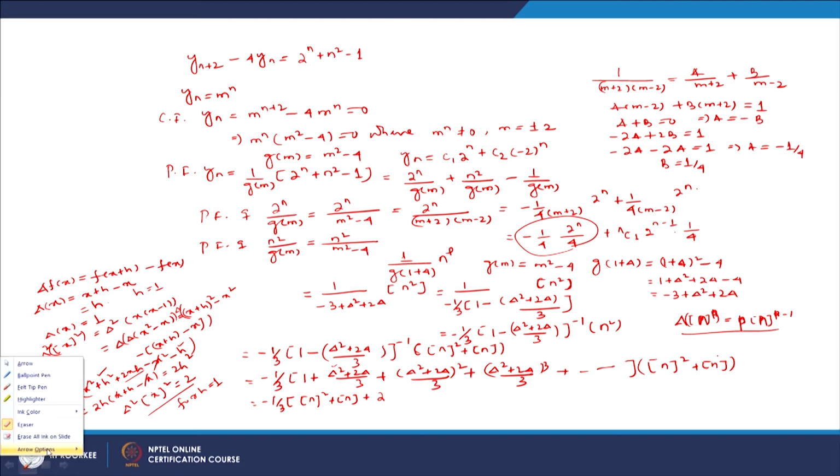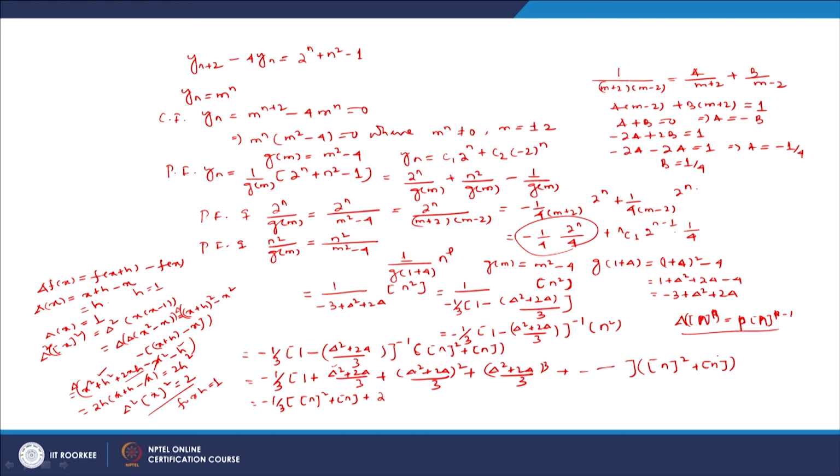Similarly, if you operate 2 delta on n square or bracketed n, it gives you 2 n. Similarly, if you operate delta square on bracketed n, this gives you 0, and 2 by 3 delta operated on n gives you 2 by 3.